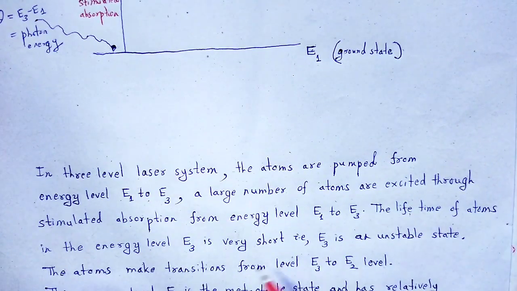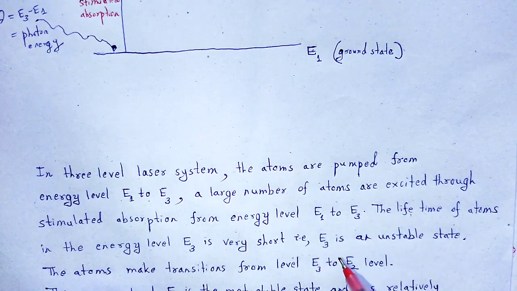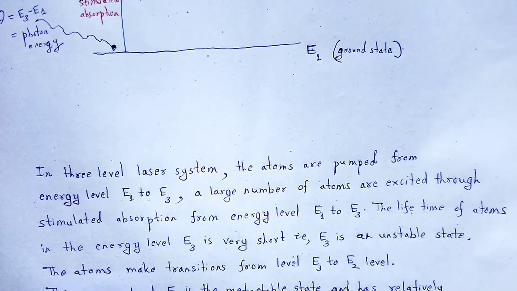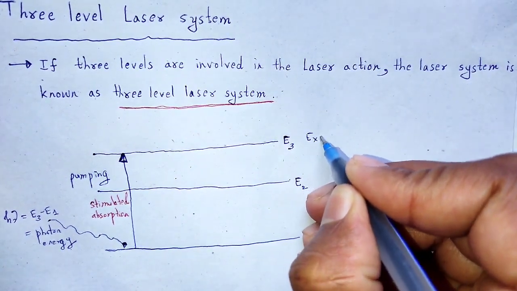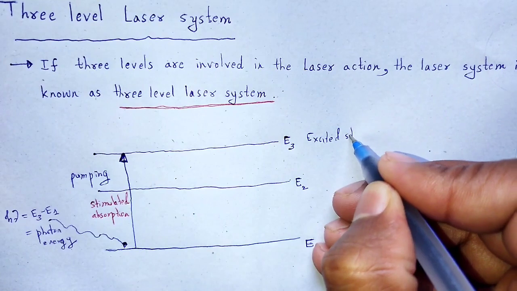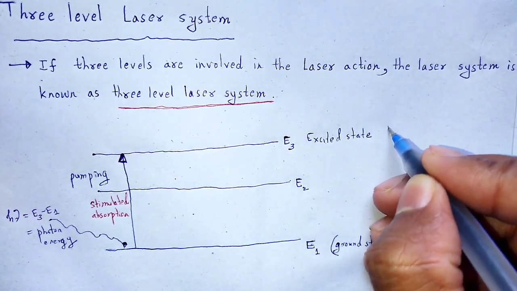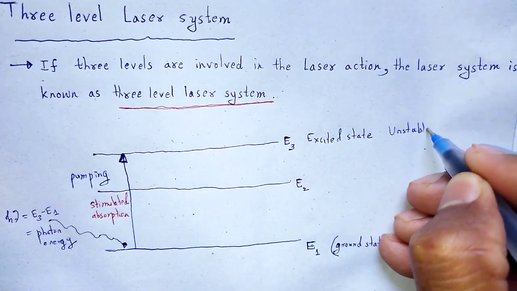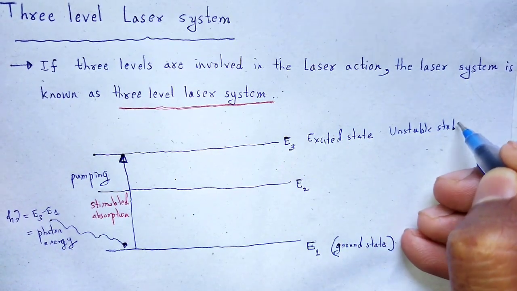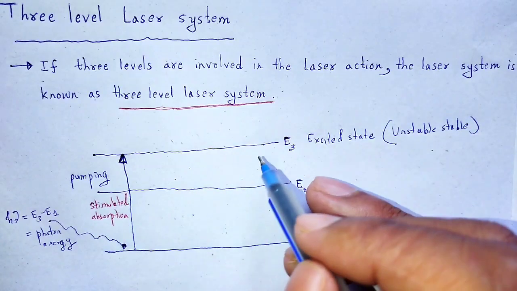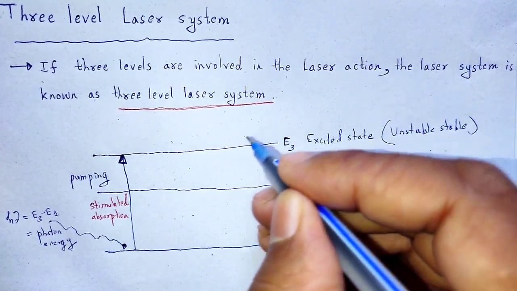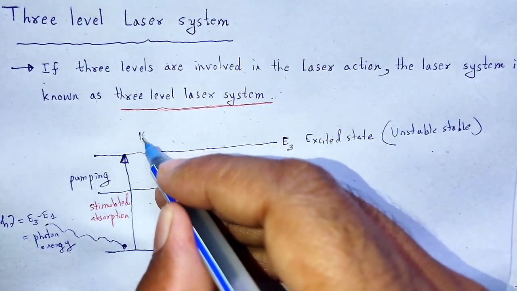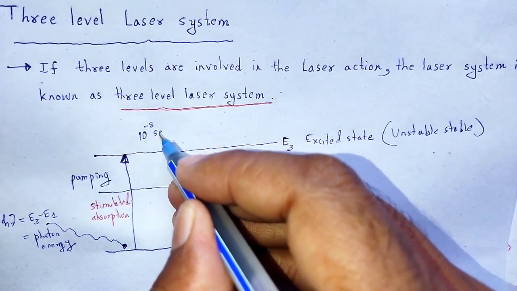The lifetime of atoms in the energy level E3 is very short, that is, E3 is an unstable excited state, and the lifetime is just around 10 to the power minus 8 second.